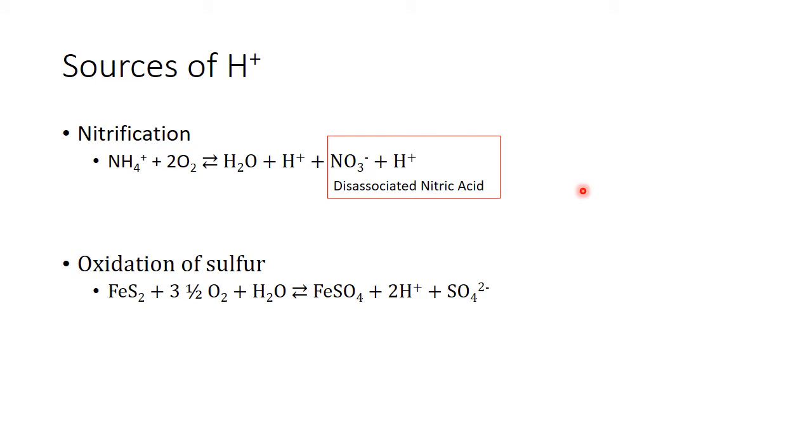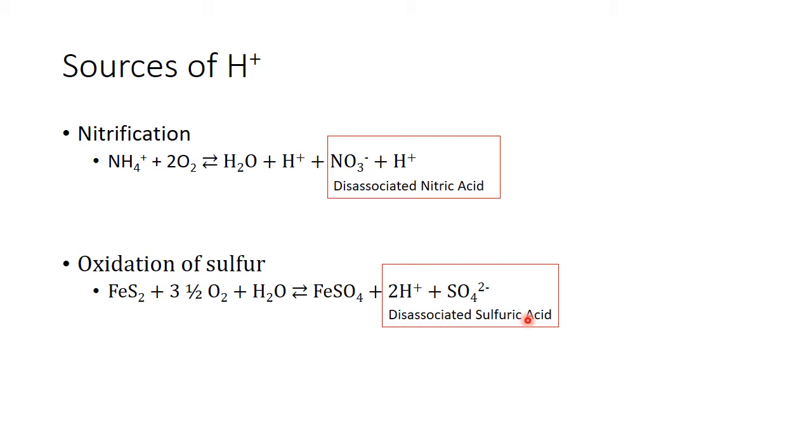Sulfur usually occurs with iron sulfides. So iron sulfides are generally precipitated by microbes in a reducing environment. And if we take materials that are high in iron sulfides, bring them up to the surface and expose them to oxygen in the presence of water, then we get iron sulfate and 2 moles of hydrogen and a mole of sulfate.